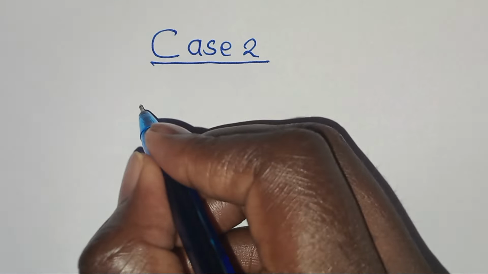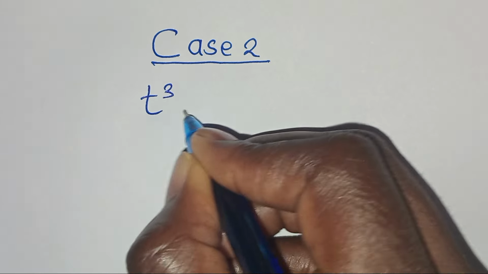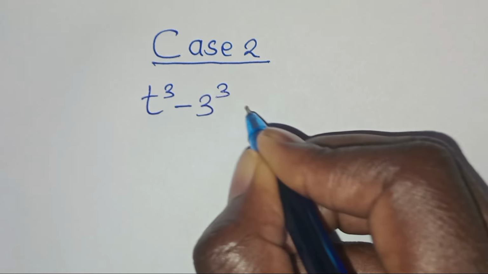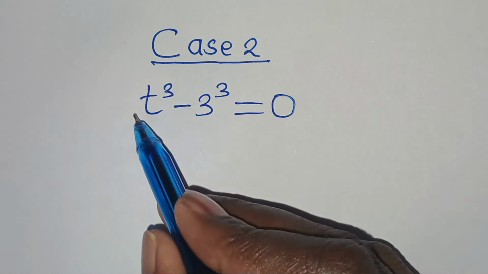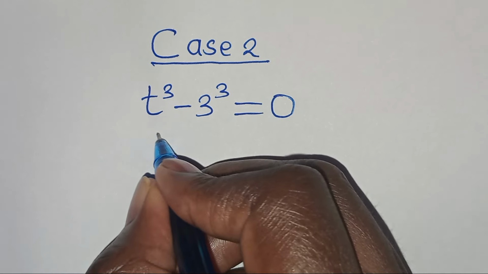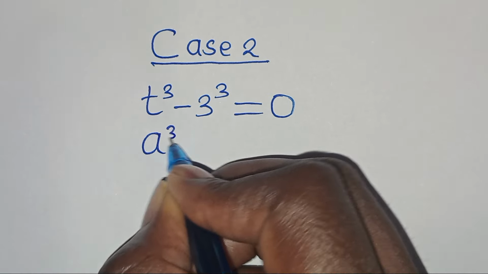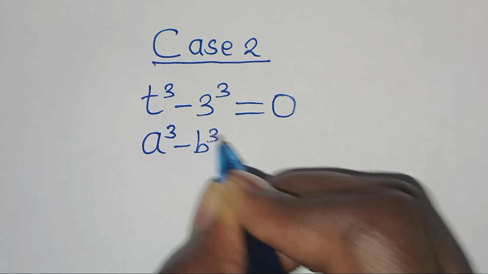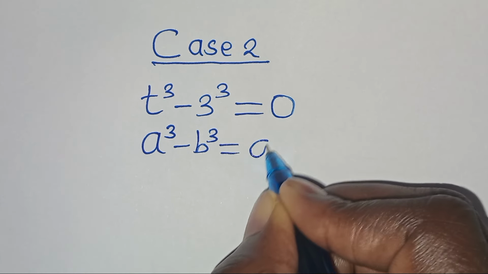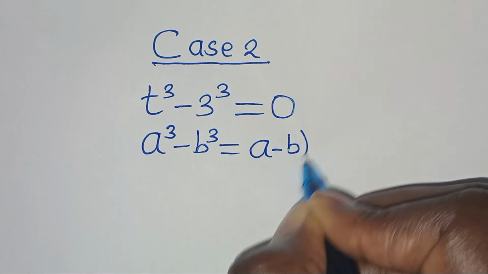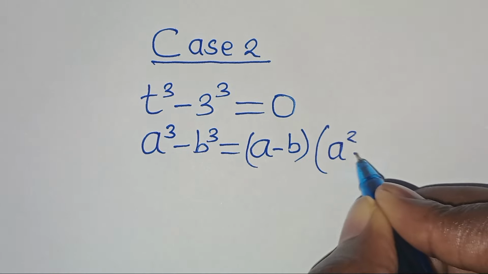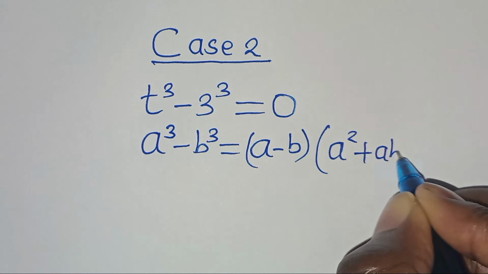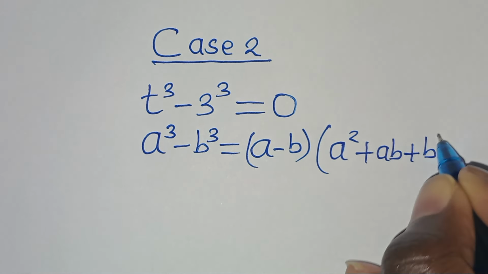Now in case 2, we have t to the power of 3 minus 3 to the power of 3 equal to 0. Now you find that this is actually the difference of two cubes, expressed as a to the power of 3 minus b to the power of 3, which we can express as a subtract b into the parentheses a squared plus a times b, then plus b to the power of 2.